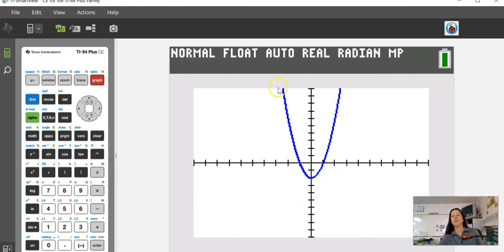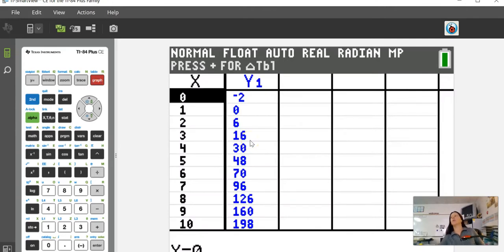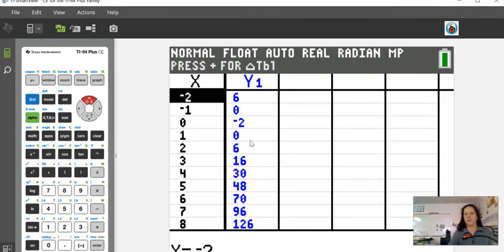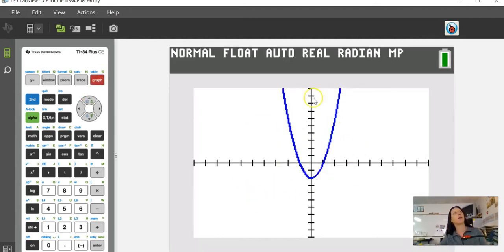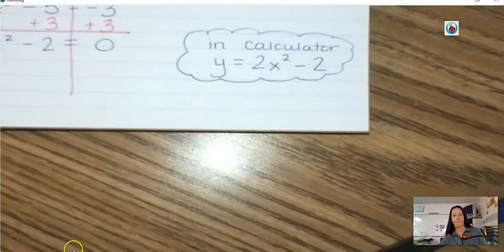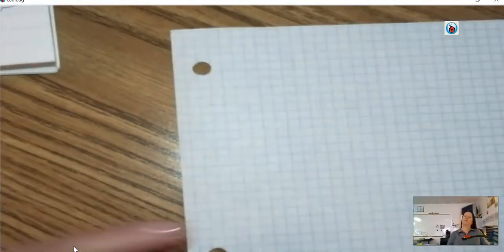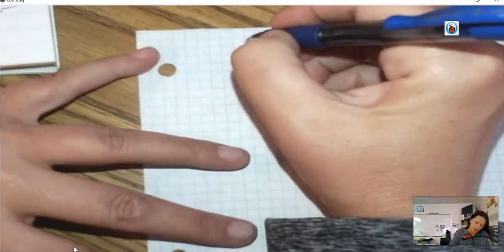Okay, we're going to go into the table. If you're using Desmos, your table only goes to negative 2, I think? So sometimes you're going to have to type in negative 3 or negative 4. For this one, I think negative 2 will be fine because if you look at the graph, it mostly is right here. Okay, go get your graph paper. Create your x and y axis.